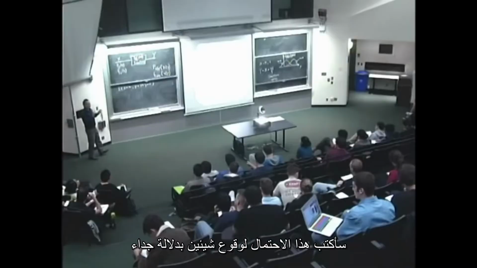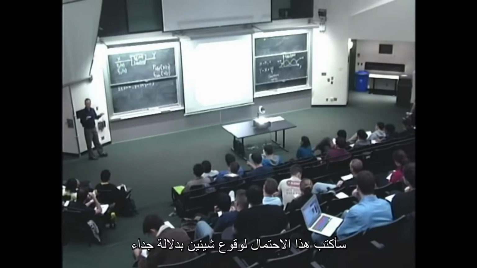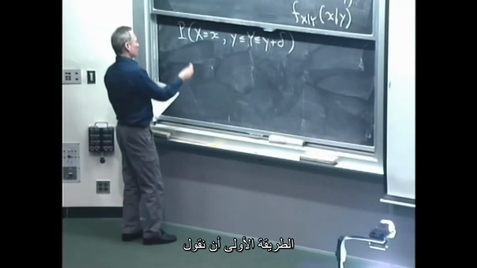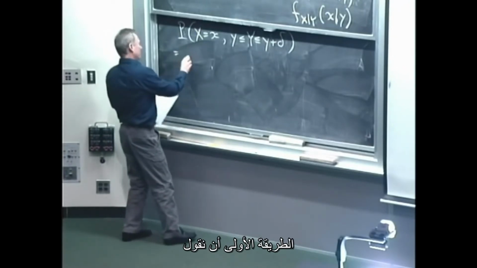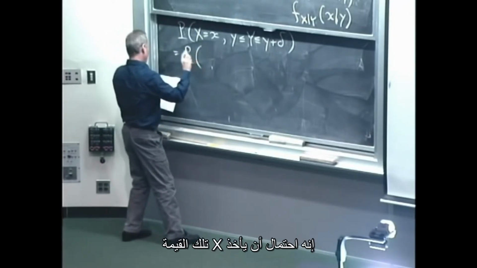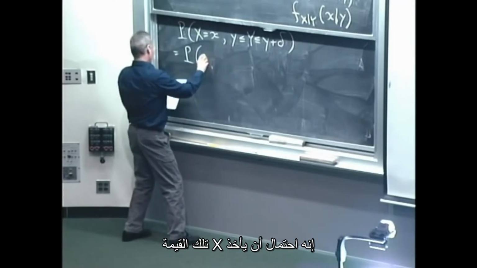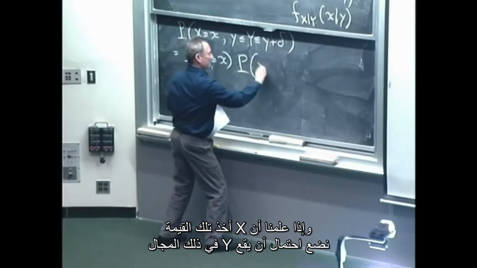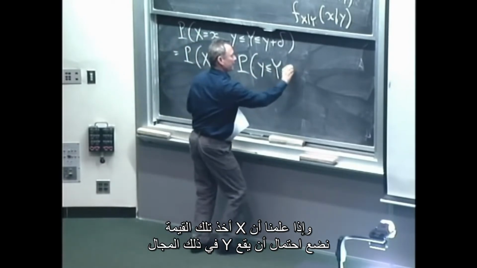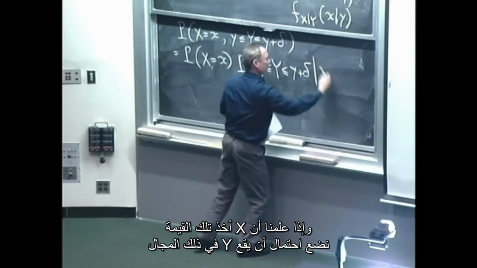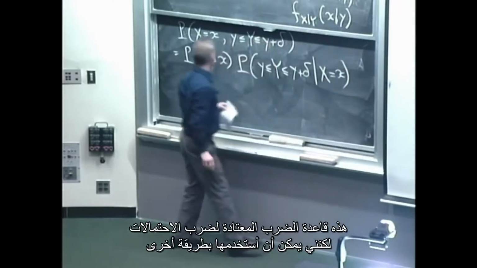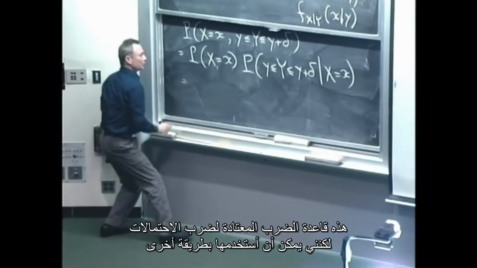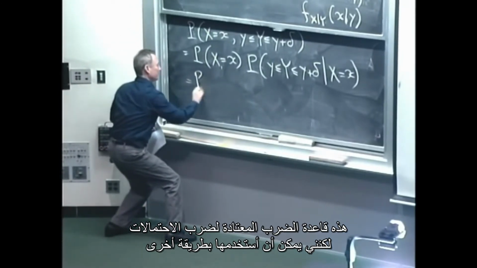And now this probability of two things happening, I'm going to write it as a product in two different ways. So one way is to say that this is the probability that x takes that value, and then given that x takes that value, the probability that y falls inside that interval. So this is our usual multiplication rule for multiplying probabilities, but I can use the multiplication rule also in a different way.